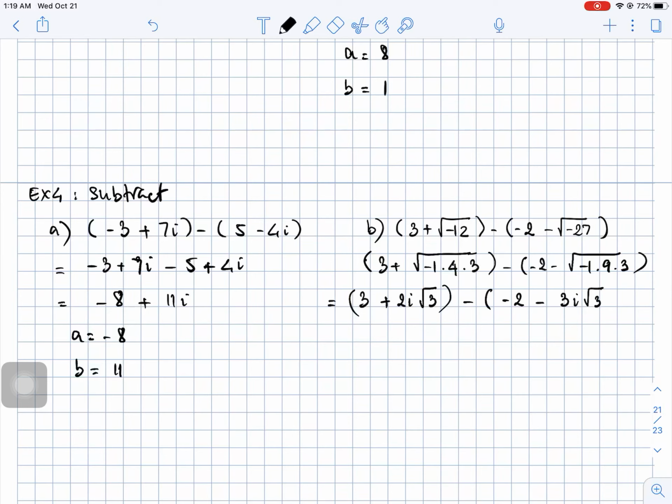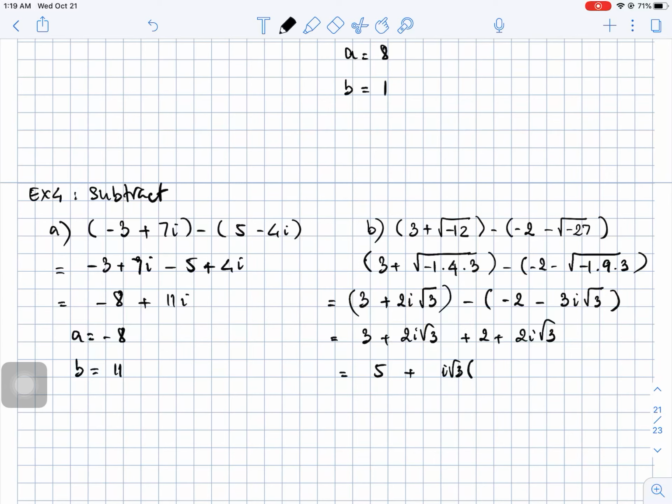Then the square root of negative 1 is i, the square root of 4 is 2, and we still have 3 inside the radical. Negative 2 for the second parenthesis, and then minus the square root of 9 will get 3, the negative 1 will be i, and the square root of 3 is still inside the radical.